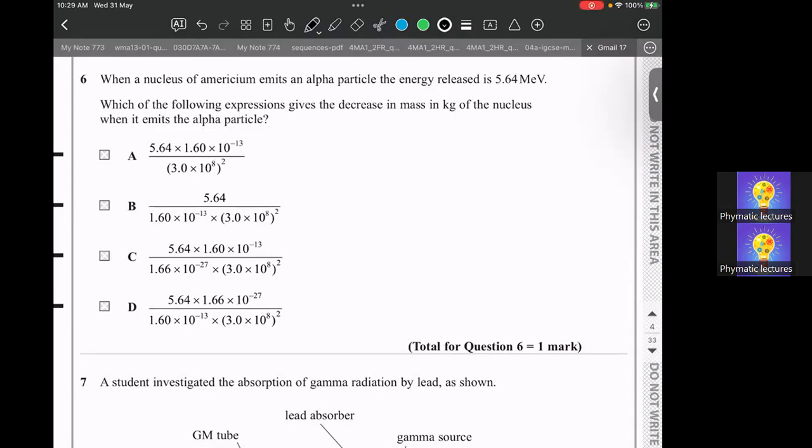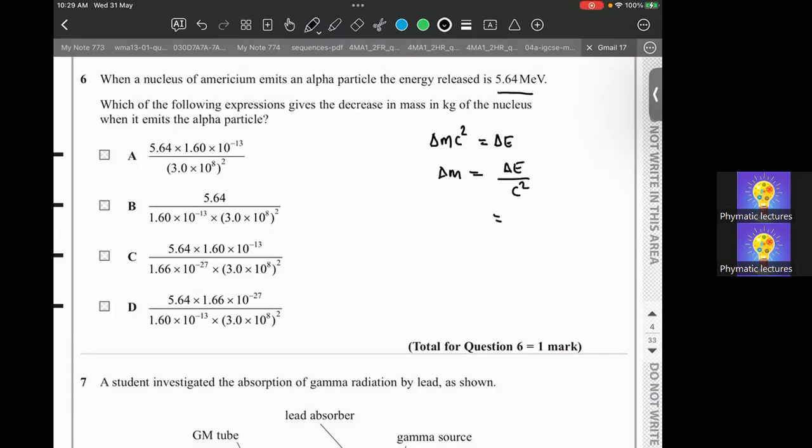So how will you answer this question? We know the concept of binding energy. The change in the mass multiplied by c square is the energy released, delta m c square. So if you want to find delta m, that is delta E by c square.